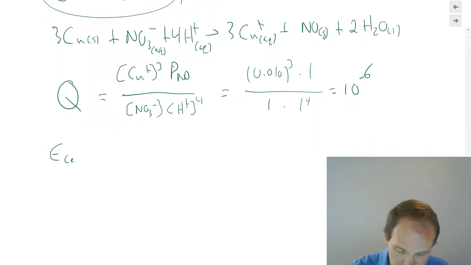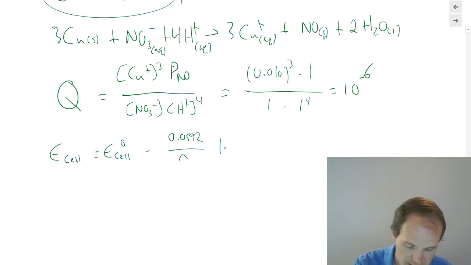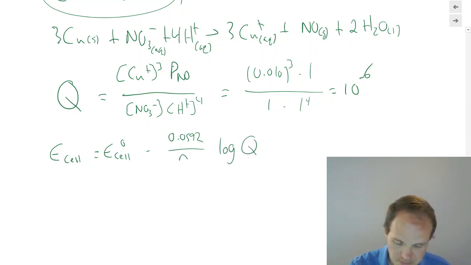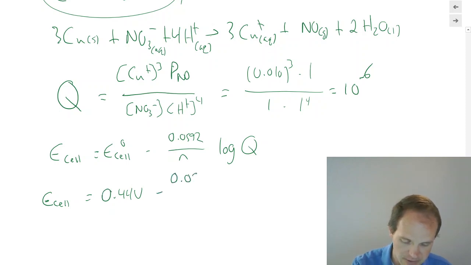E cell equals E cell naught minus 0.0592 over n, the log base 10 of Q. And so we get E cell equals 0.44 volts minus 0.0592 over n. What was n in this case?